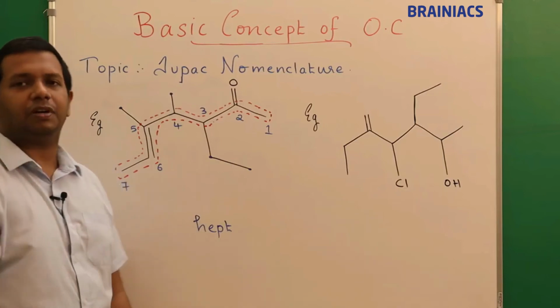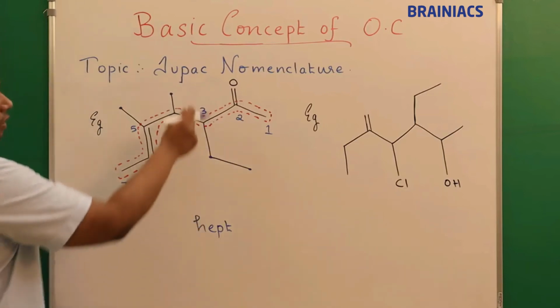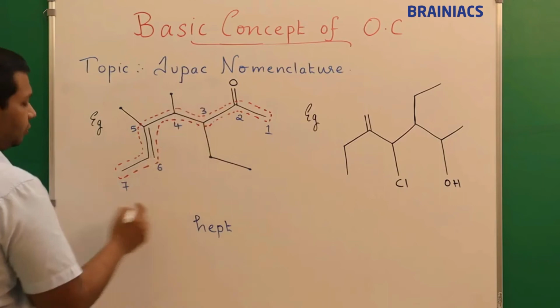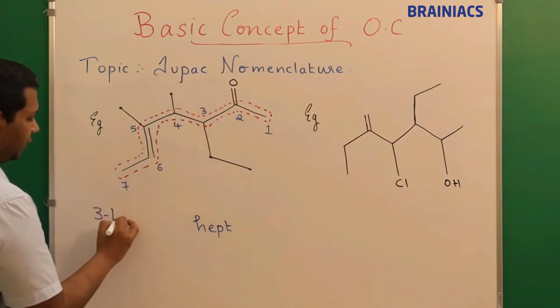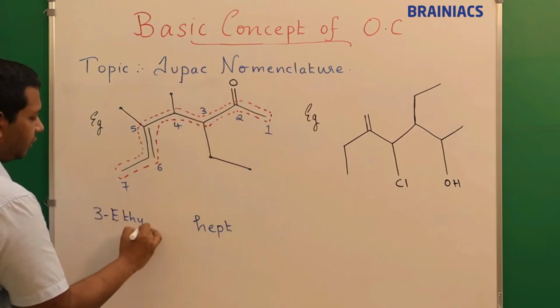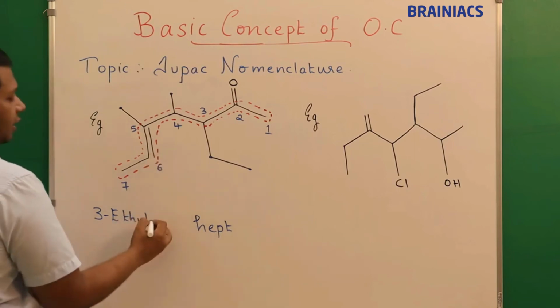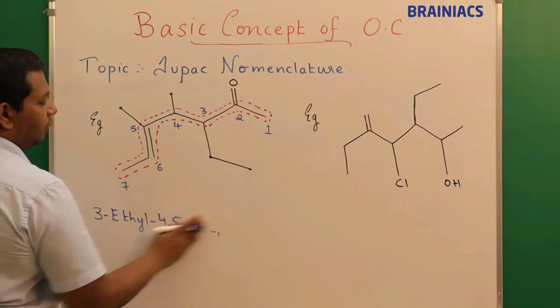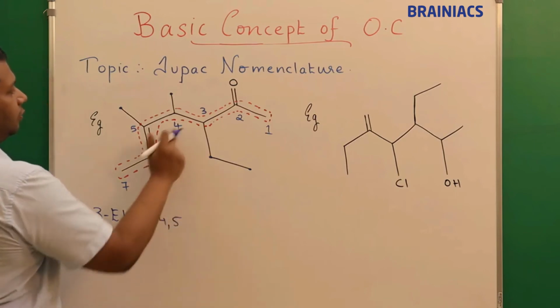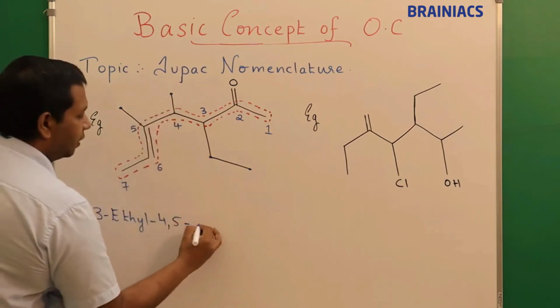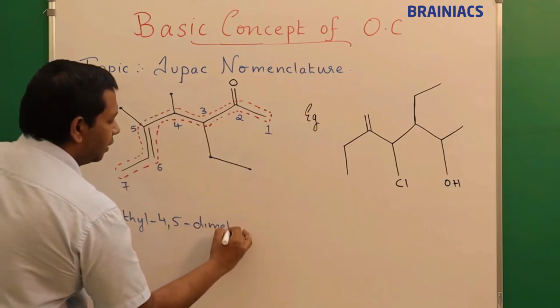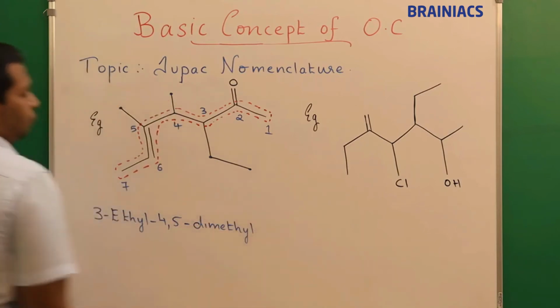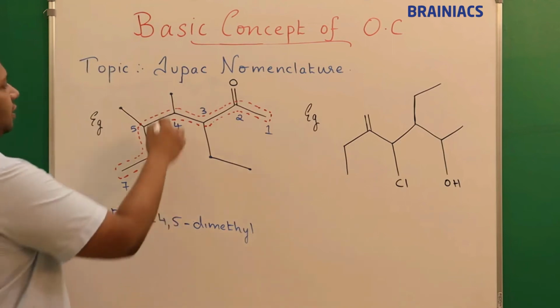Pivotal point, very important point. So at the third position you have the ethyl group, so we start with 3 hyphen ethyl. Then hyphen, 4,5 hyphen dimethyl. 4,5 dimethyl, that's what I have written.